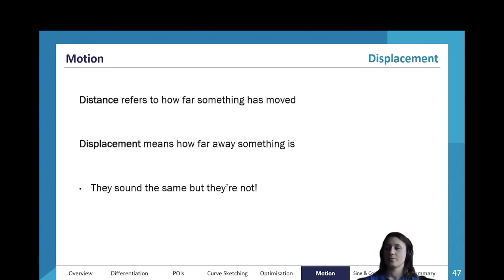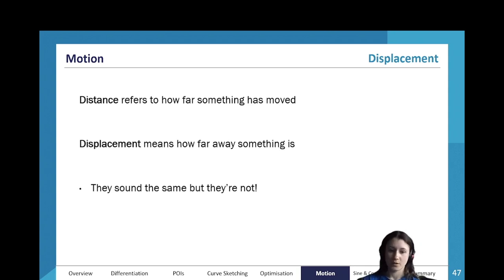Say you ran 200 meters, it was a 200 sprint. The distance you've traveled is 200 meters, but because you're ending up exactly where you started, your displacement is 0. All right? So distance is how far you've moved. Displacement is how far away you were from the beginning spot.